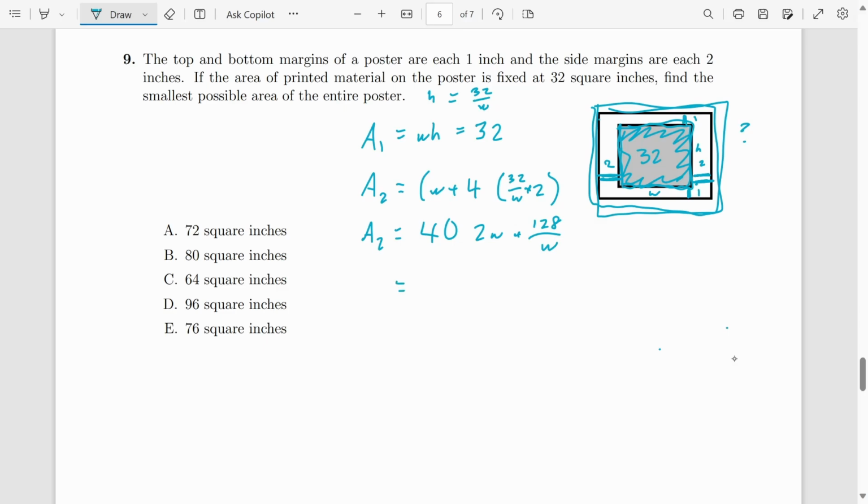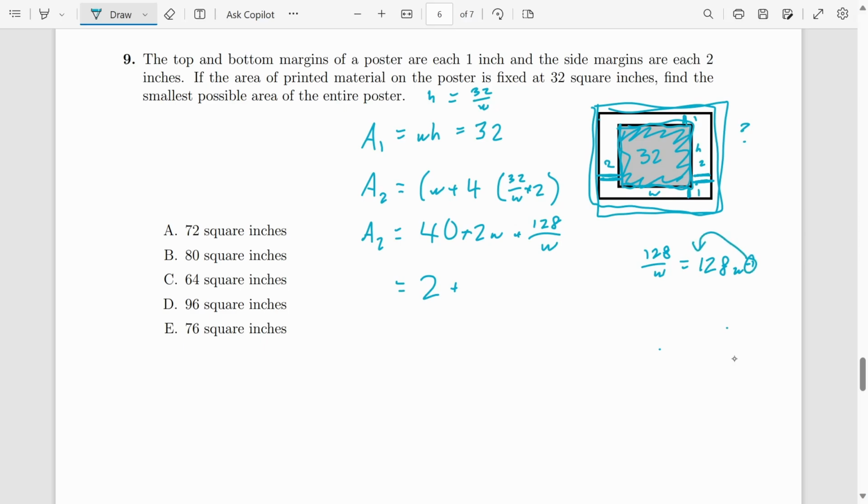The derivative of 40 is just 0. Derivatives of constants are just 0. The derivative of 2W is 2. And the derivative of 128 over W: 128 over W is the same as 128 times W to the power of negative 1. And when we write it like that, it's clear we can just do the power rule.